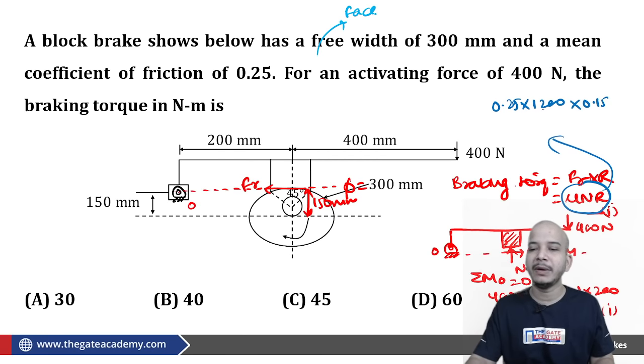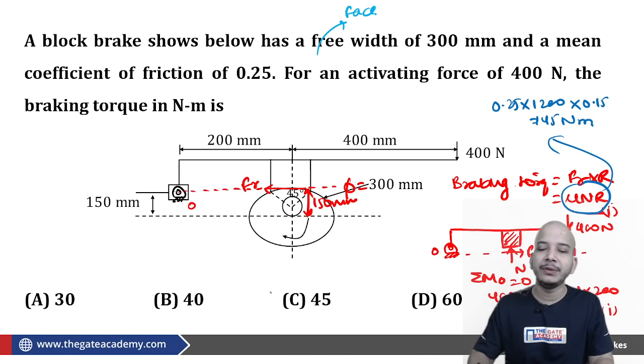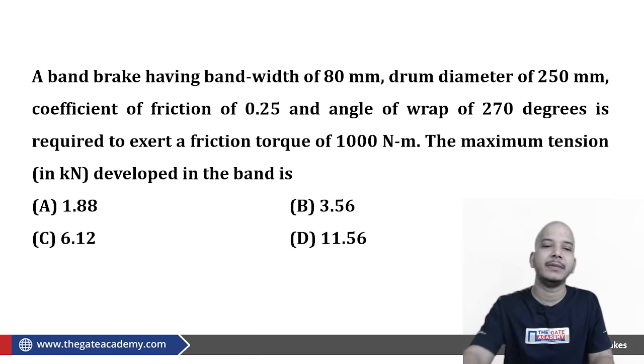So 1 by 4, 300 into 0.15. Basically this will be equal to 45 Newton meter. I hope this point is clear to everyone. From here you will get the value of braking torque to be equal to 45 Newton meter. Fine. Let's move to the next problem.